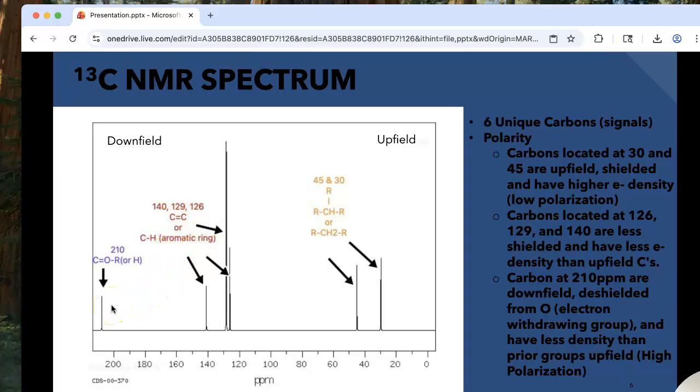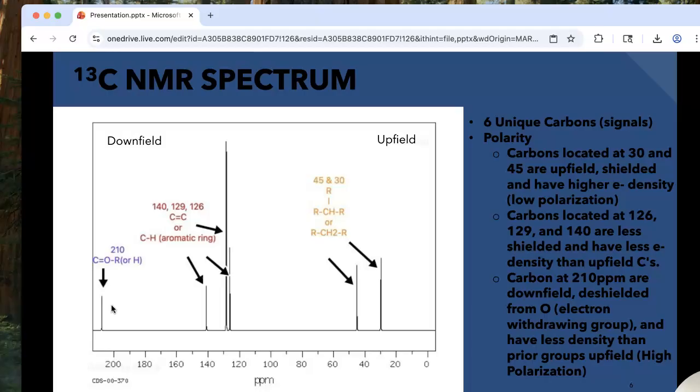And next to that is the carbonyl group. In this region, around 210 ppm, can often indicate a ketone present or an aldehyde with that hydrogen attached. This is the most polarized of these signals due to the oxygen that's present in the double bond with carbon.